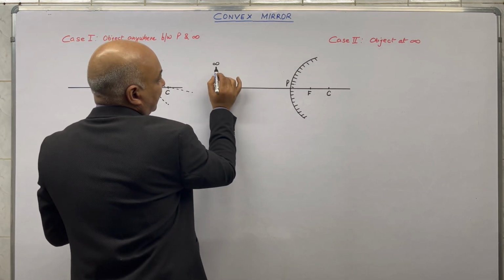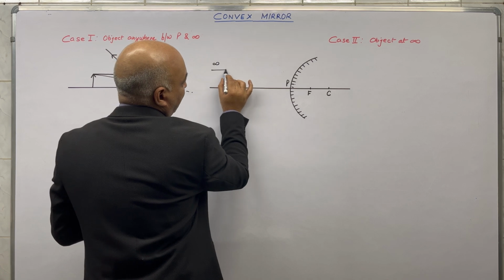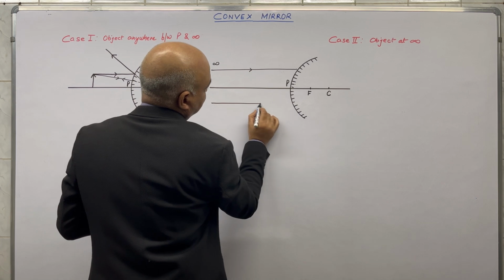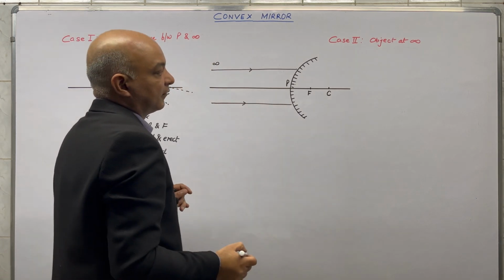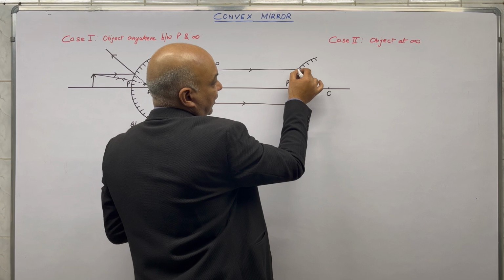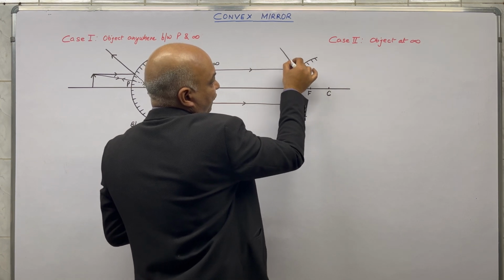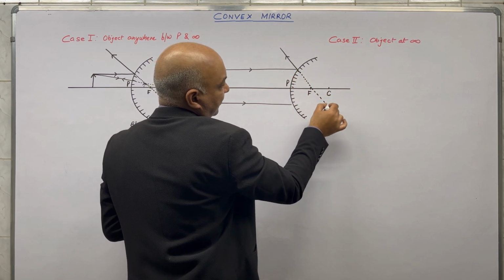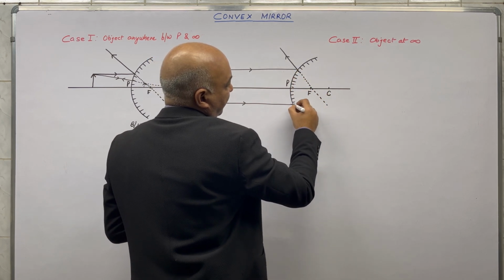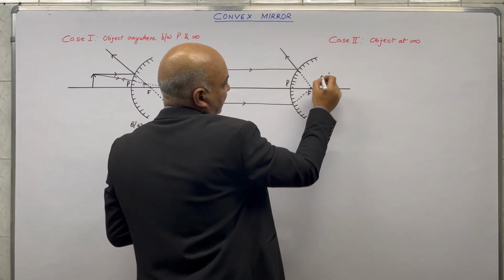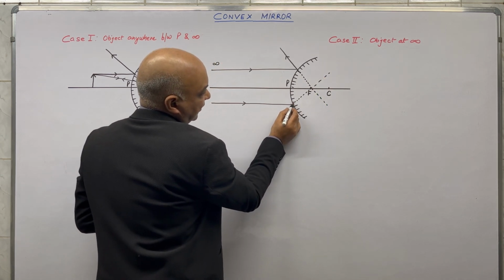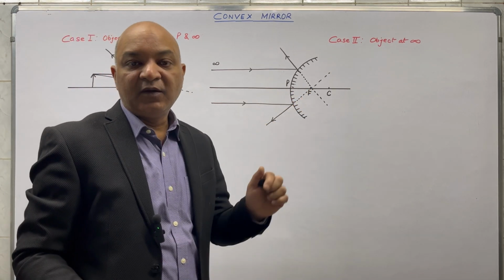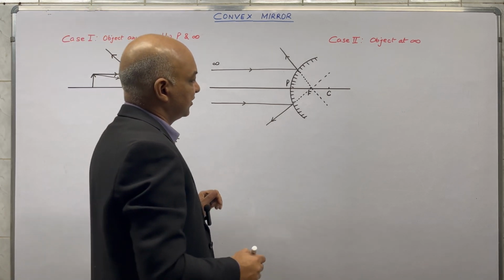So suppose these are the rays coming from infinity, and they will move this way, and if I produce them, they will appear to be passing through focus, or you can say the image will be formed at focus and will be of point-sized nature.